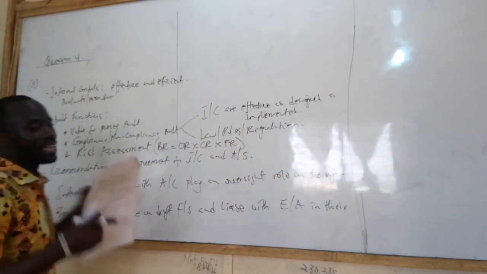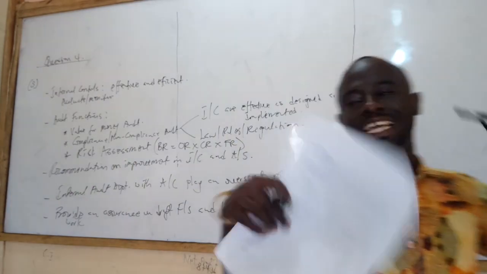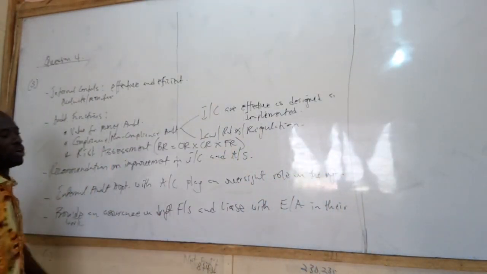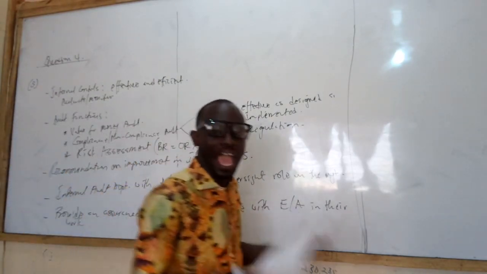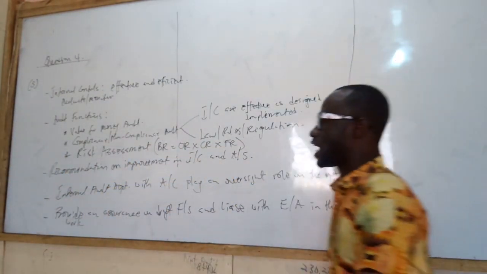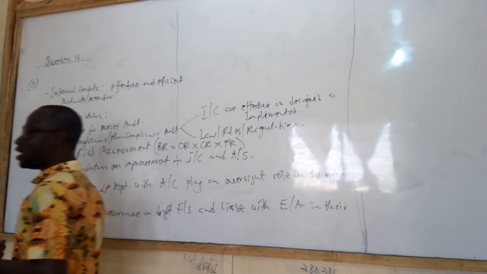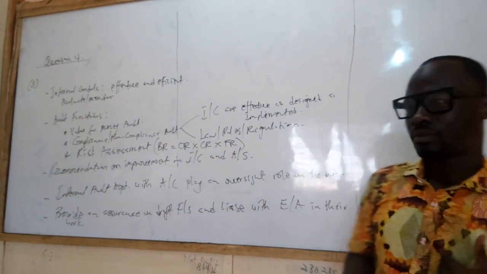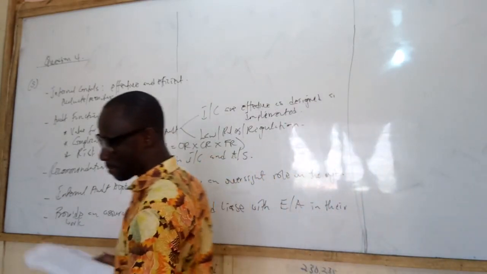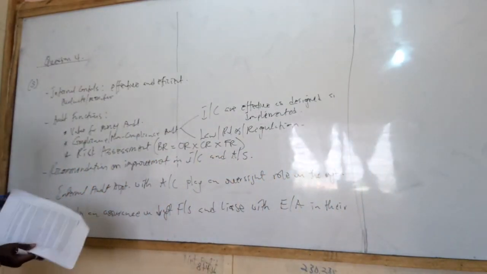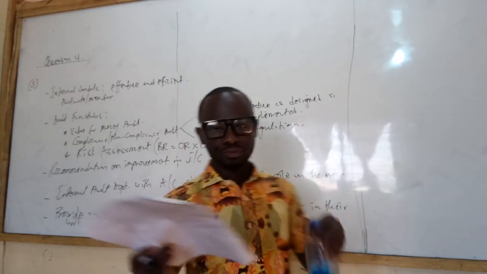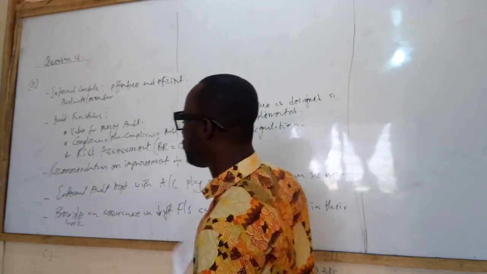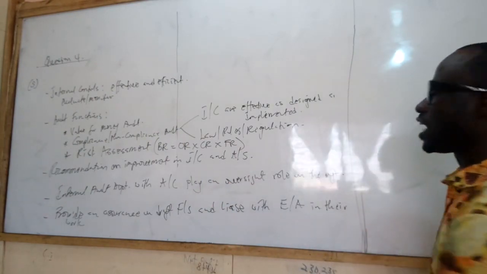You see, internal auditors will audit or review the draft financial statements before it is given to what? The external auditors. Why? So that if there are any fraud and errors, they may be able to identify them before the external auditors come.